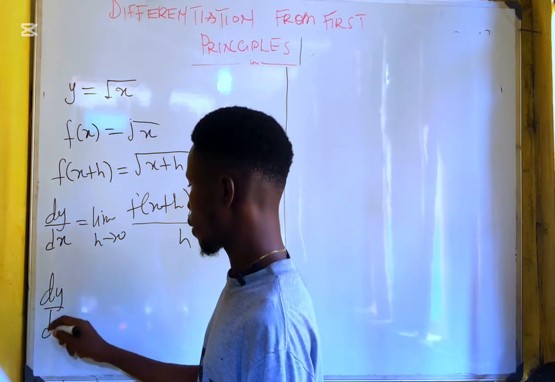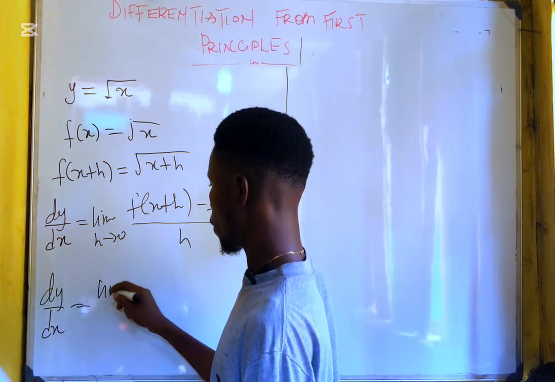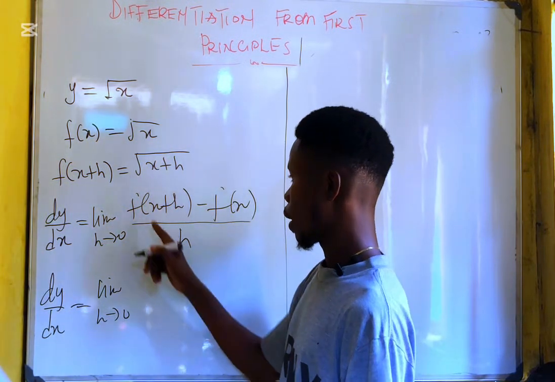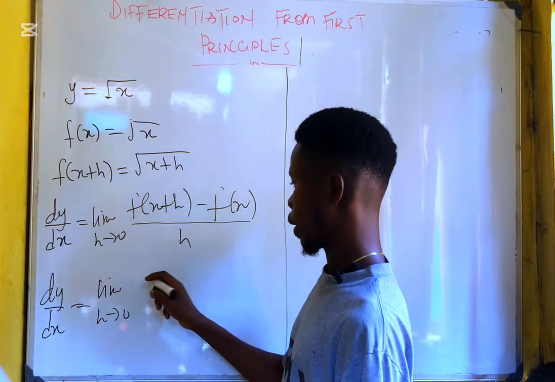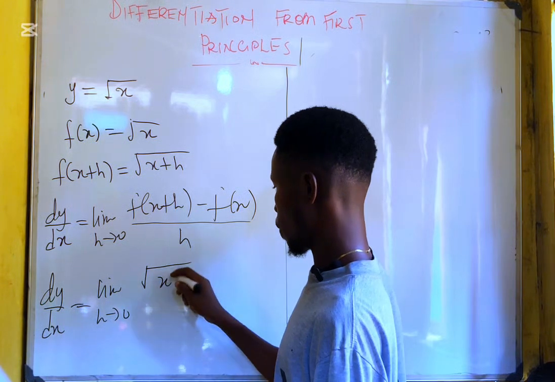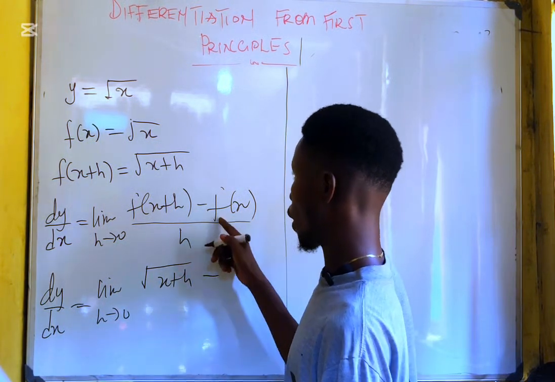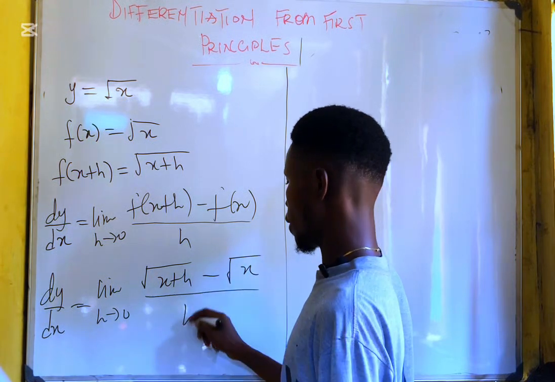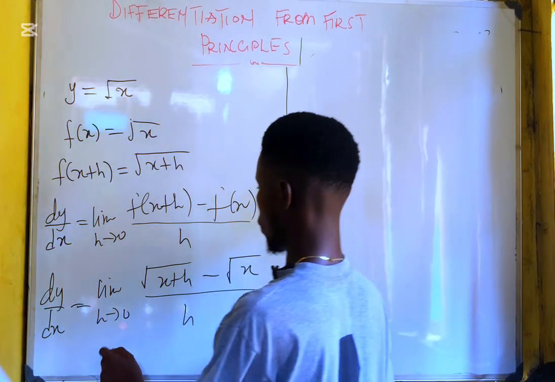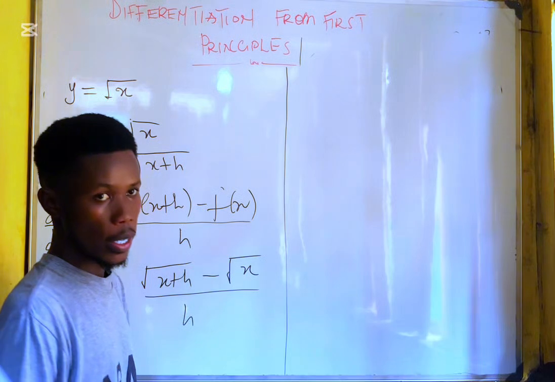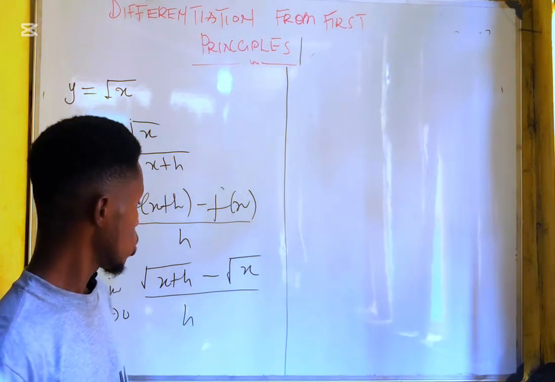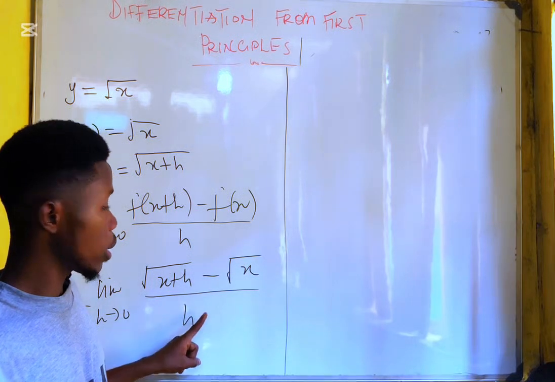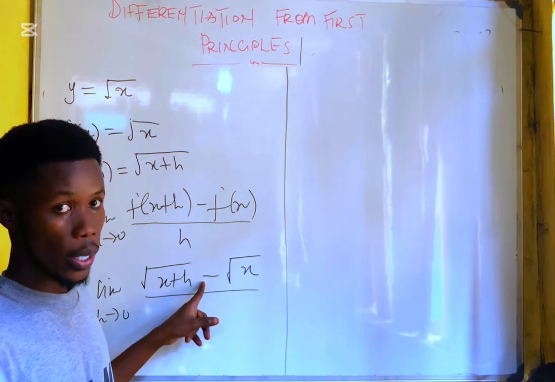So looking at this one, dy/dx will be equal to the limit. I'm saying that if you don't bring the limit, you are wrong. f(x+h) is root of x plus h, minus f(x), which is root x, all divided by h. Okay. So here, I've already told you, when you have something like this, you have to conjugate. In this case, the conjugation will be at the top, the numerator, okay?